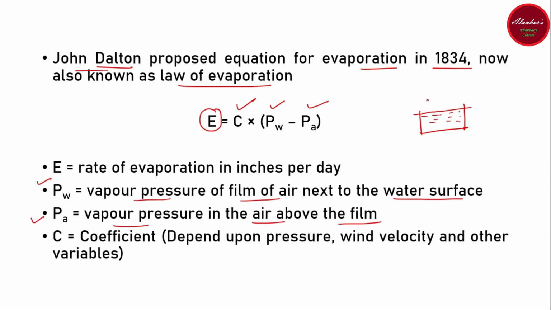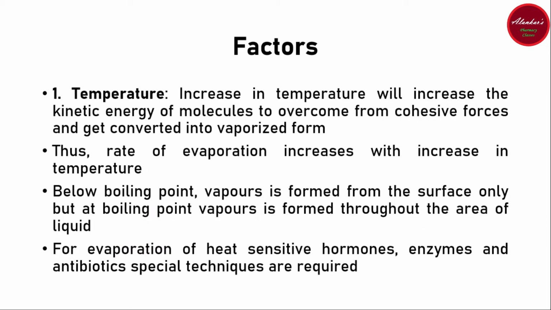But the value of Pa is the vapor pressure of the air above this film, and since it possesses fewer vapor molecules of the liquid, its vapor pressure will be comparatively very less than that of this thin layer. So this is about Dalton's law, and this coefficient depends upon the pressure, wind velocity and some other variables. Now let us discuss the various factors that affect the rate of evaporation.